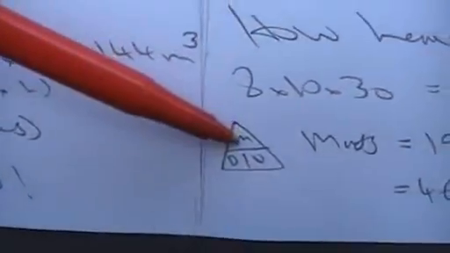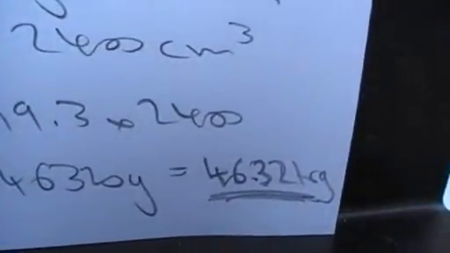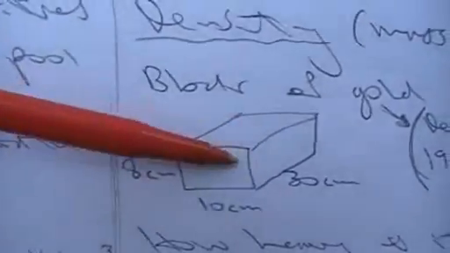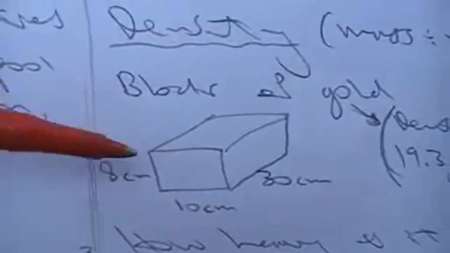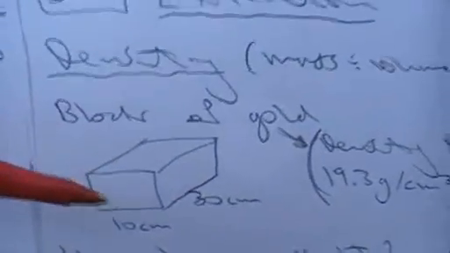So to get its mass, we multiply density by volume, which gives us 46,320 grams, which is 46.32 kilograms. So that one block that you see him on the films throwing around from a cart into a van or something weighs nearly 50 kilograms. Not sure the films are right.